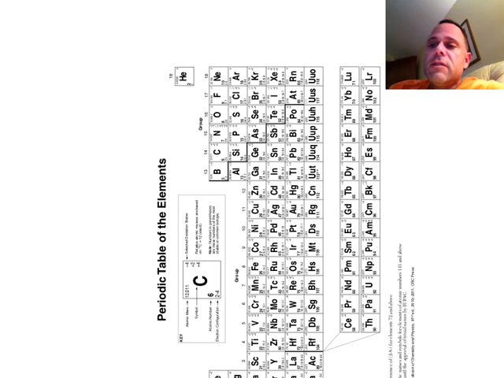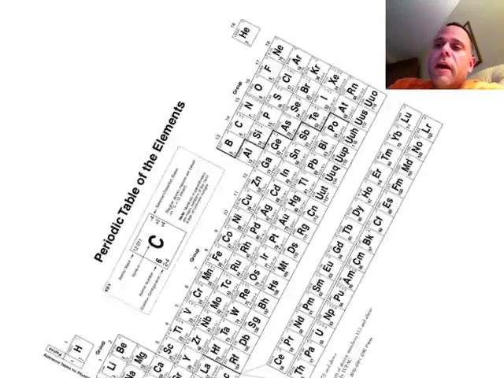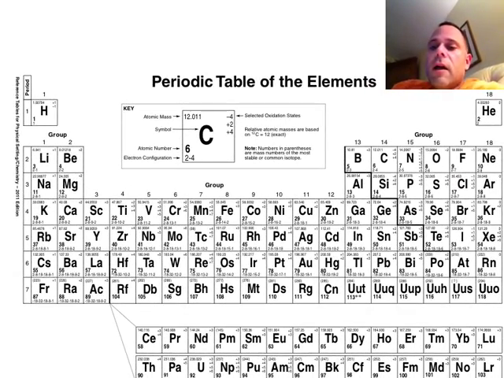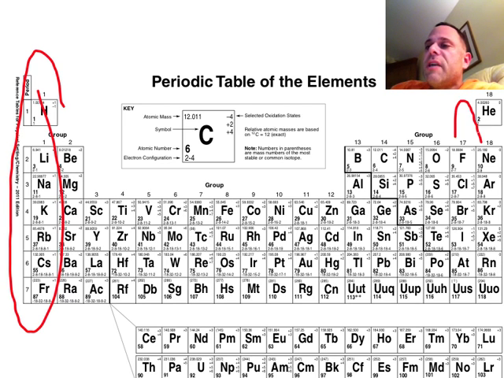Oh, and I almost forgot. If in fact the octet rule is not met and an atom has to gain or lose electrons, those elements will be reactive. Now the ones that are only going to gain one electron or lose one electron, for instance, let's take a look here, elements of group 1 or group 17.